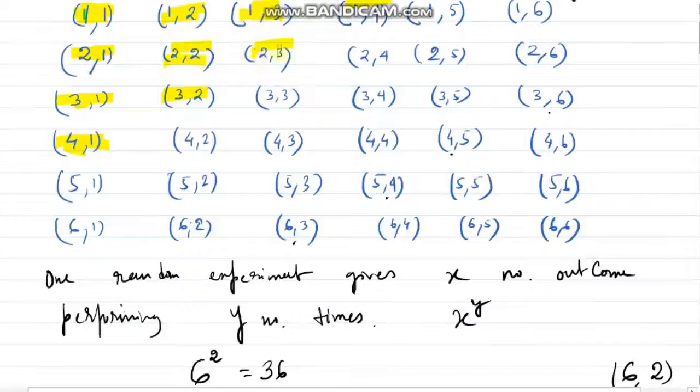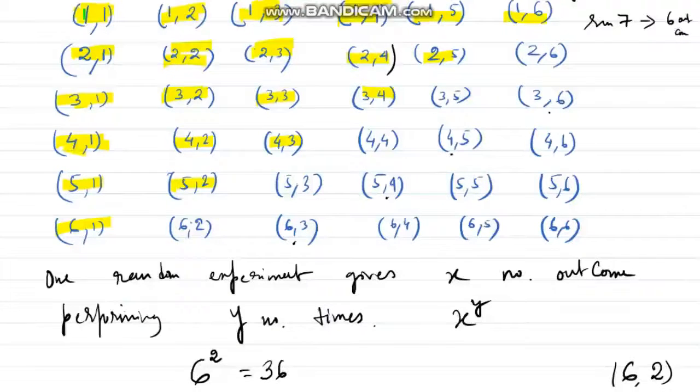Sum 5: 4 events. Sum 6: 5 events. Sum 7: 6 events. So, there we are at the highest position. For sum 7, we have 6 outcomes. That's the highest for a particular number.